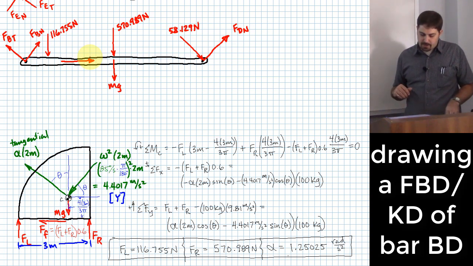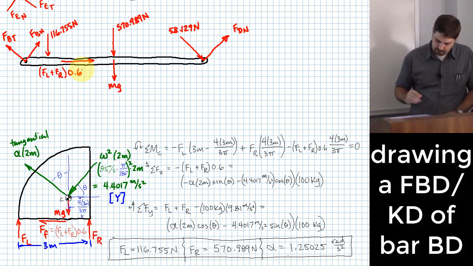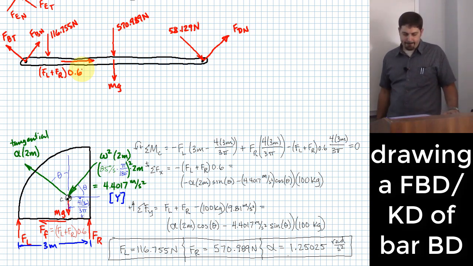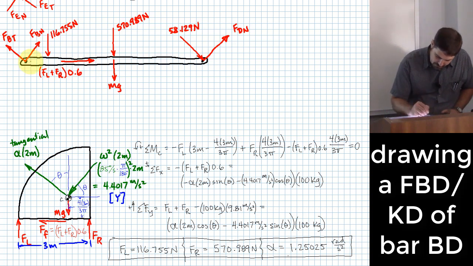And that's just going to be equal to FL plus FR times 0.6. All right, so those are my forces that I have acting on member BD. This is B, this is D.